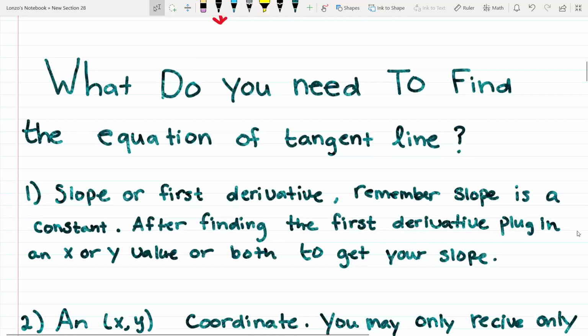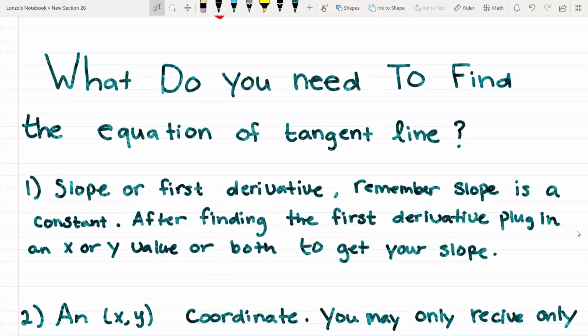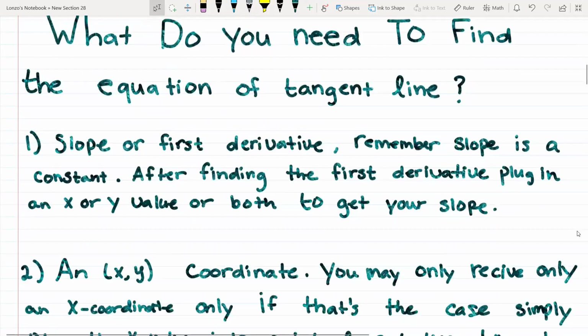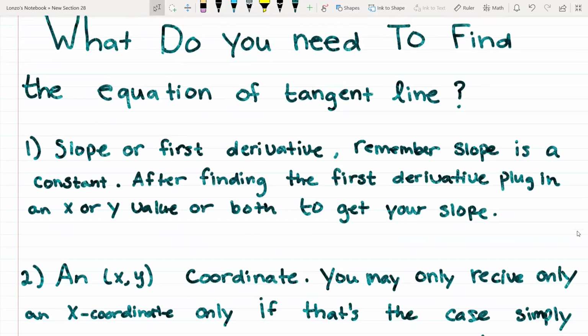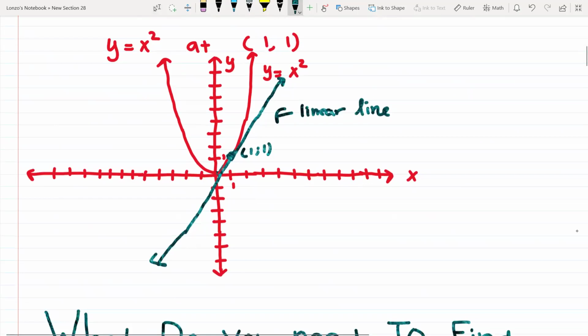So what do you need to find the equation of a tangent line? There are a few things you need. One is a slope, or first derivative. If you look at our graph, this slope is positive, heading to the right.